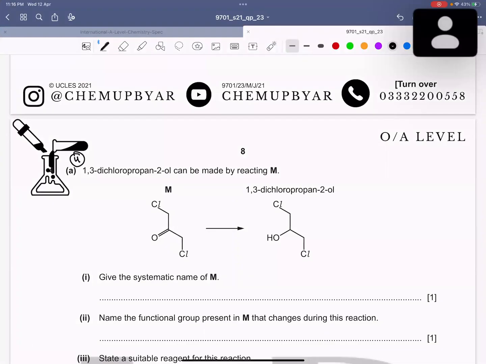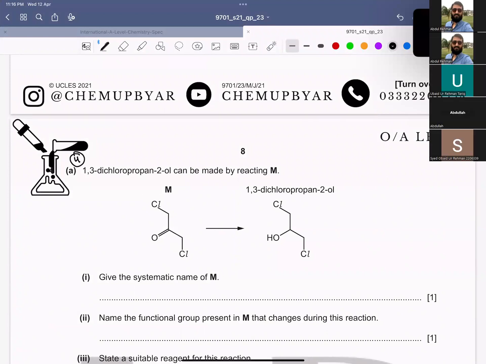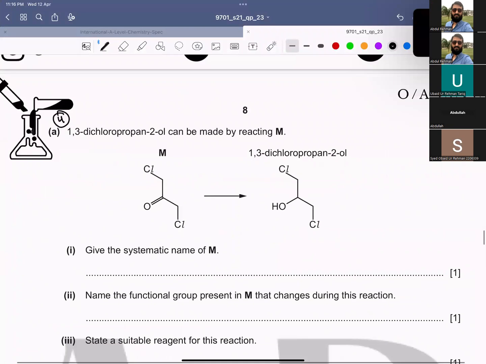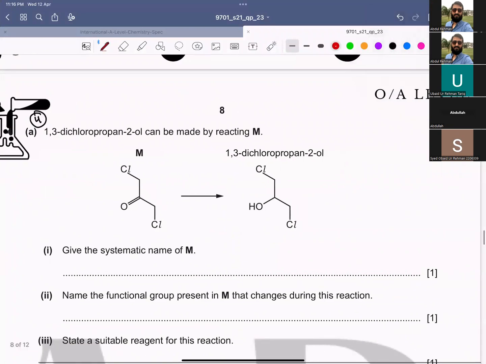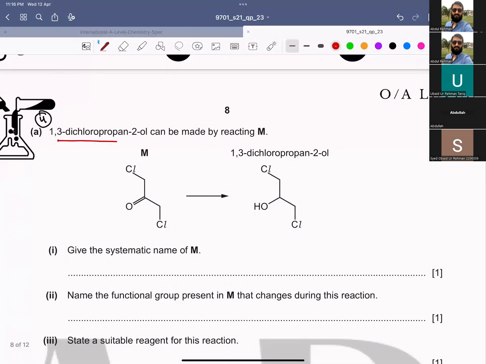So we have to start question number 4. 1,3-dichloropropan-2-ol is made by reacting M. If you look at M, it has a C over here.